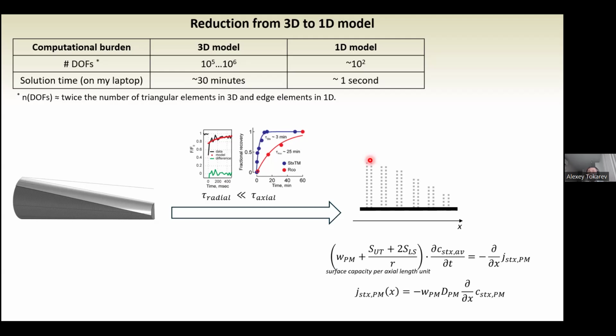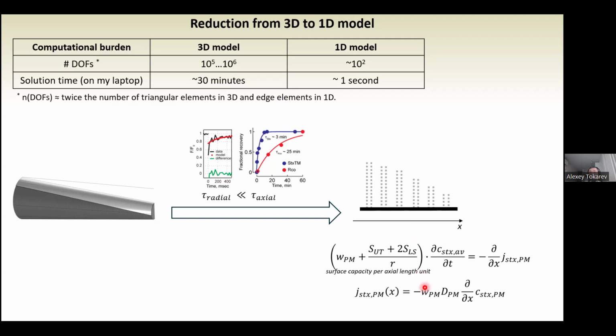So we also solve the diffusion equation for the concentration of syntoxin in the membrane. This is the mass conservation equation, and this part corresponds to the capacity of the surface of the plasma membrane and of lamellae in some coordinate x.